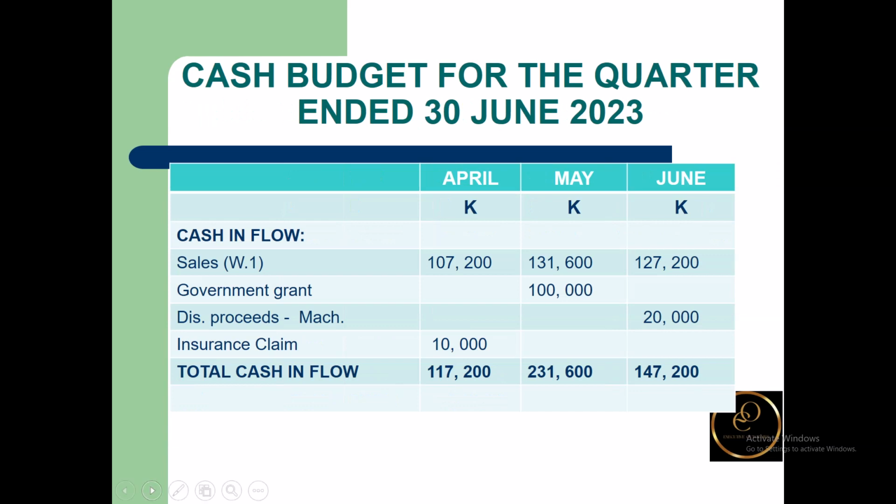So we have the insurance claim 10,000, the government grant 100,000, and disposal proceeds 20,000 in June. Those are low-hanging fruits which you collect. Our focus is to see how we do the workings so that we generate the figures needed by this particular template.